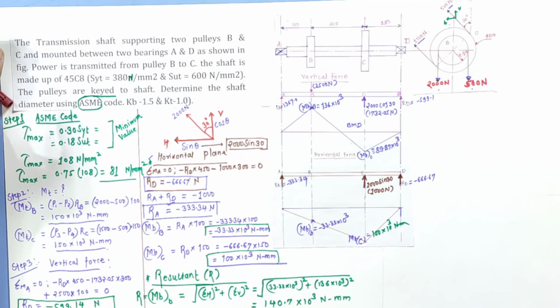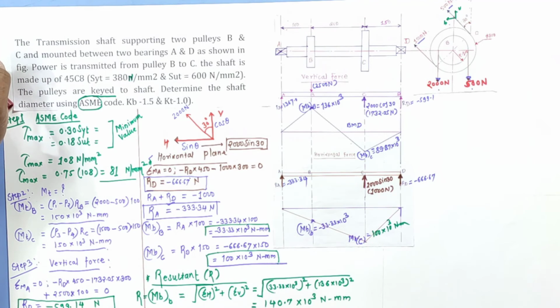Likewise, through this I'll get the bending moment directly, 134.45 into 10 raised to 3 Newton mm. That would be the resultant bending moment at pulley C.